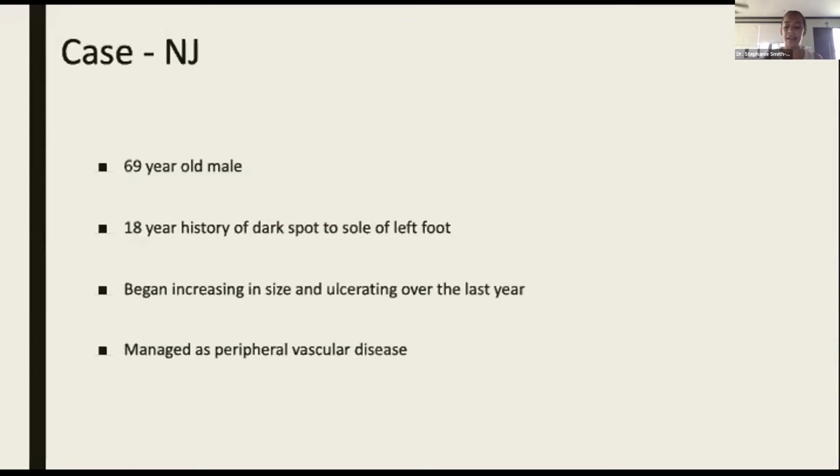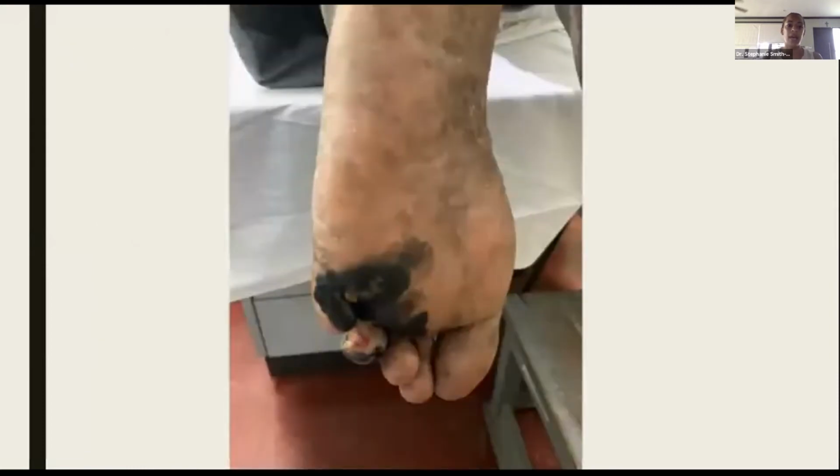So let's take a look at what we saw when he presented to us. So this is the plantar aspect of his left foot. Here you can see that we have a black patch. Of course, there is some variation in color. It involves the plantar aspect of the foot as well as the digits.